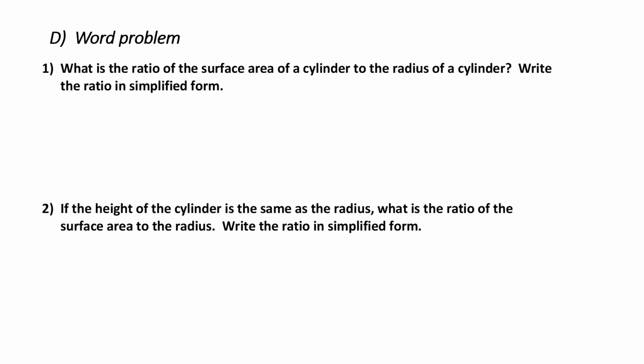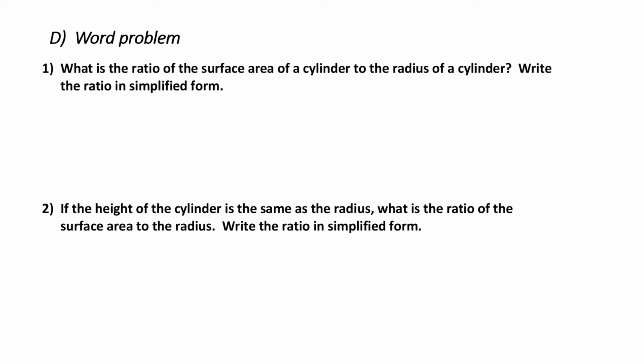Our final example is a word problem. This usually is a little bit more difficult for students. Number 1, what is the ratio of the surface area of a cylinder to the radius of a cylinder? Write the ratio in simplest form. Now, let's break this down.